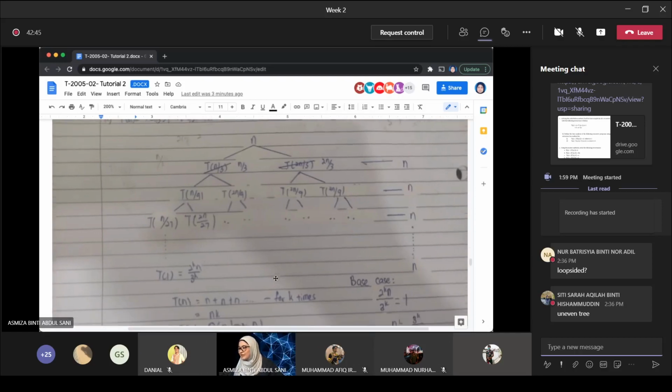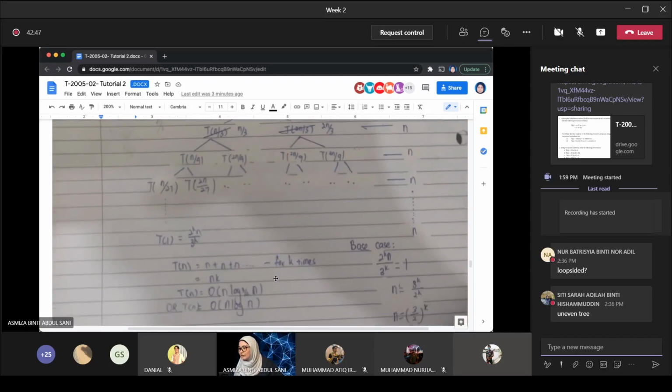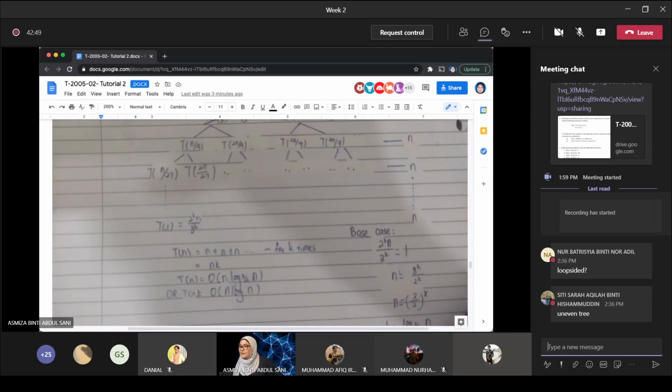All right, so what is the height of the tree? I think this is the same mistake as the one that we did previously, because in this case you are taking 2 to the power of k, and why are you saying it's k?